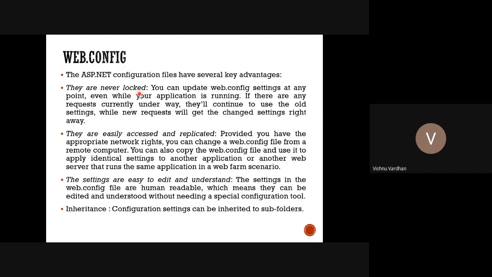What is meant by this locking is, suppose you kept the database information in the code file itself, not in the web.config file. You have not kept your database connection details in the web.config file, you kept them in the code behind file. So what happens, every time you have to compile whenever you are changing from the production to the testing environment or from development mode to the testing mode.